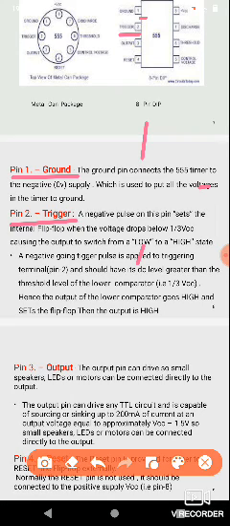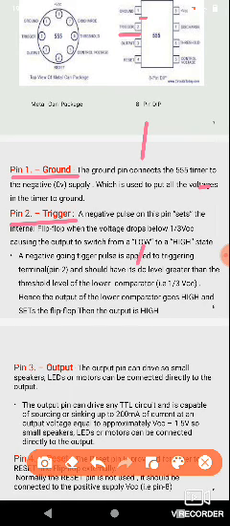A negative pulse on this pin is used for the internal flip-flop, and whenever the voltage drops below 1/3 VCC, by using pin 2, the triggering input, we can change the output from low state to high state.